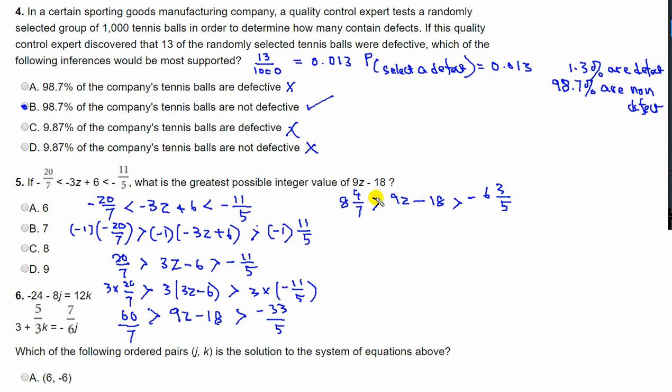Now let's look at the question. What is the greatest possible integer value that meets the requirement? So what it's saying is this must be bigger than this, in other words, bigger than this, and then it has to be smaller than this.